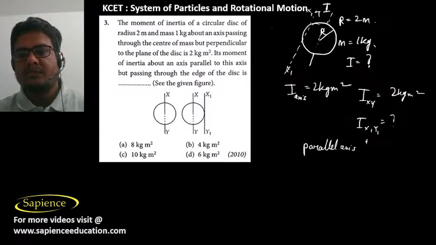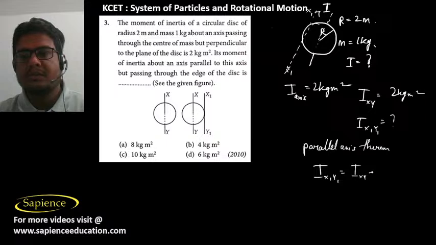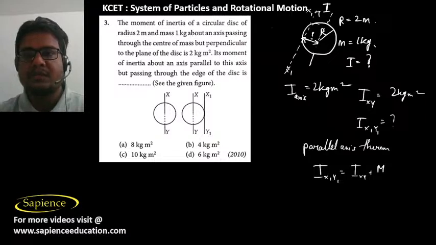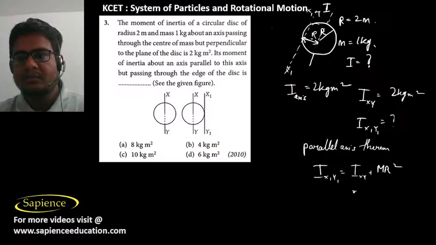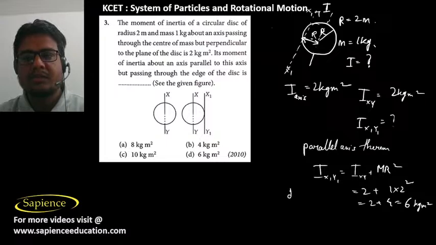So Ix1 y1 is equal to Ixy plus md square. So the distance in between these two axes is r. So that will be 2 plus mr square, that is 1 into 2 square. So that will be 2 plus 4, that is 6 kg meter square. Option D is the correct answer.